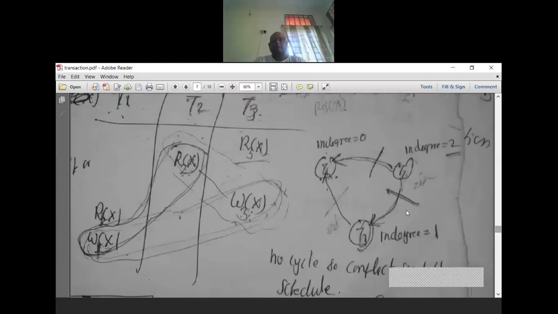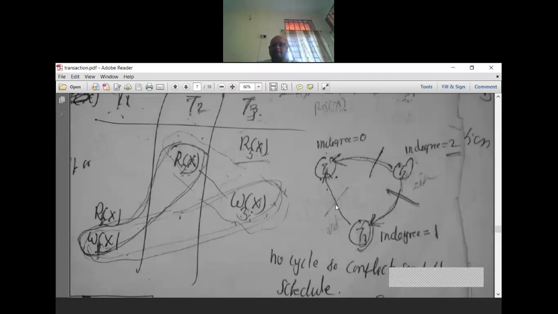So I am saying that if there is no cycle, then only we move further. We check the out degree of the nodes, and we take first the transaction which has the maximum out degree. In this case, two arrows were going outside, so I take T2 first. After that, these links are cut, and then the only remaining link is this one. Now I will see which has the next maximum out degree.